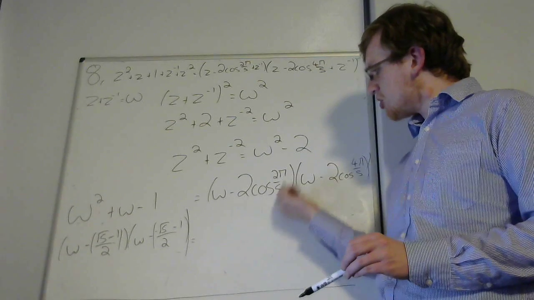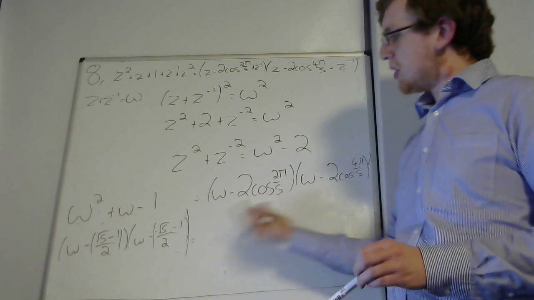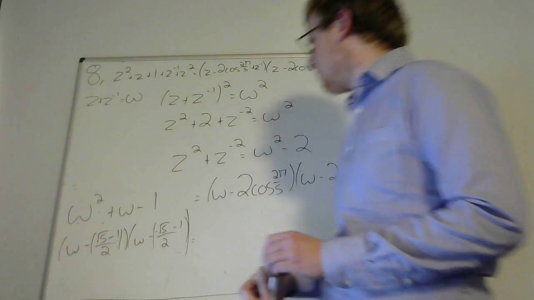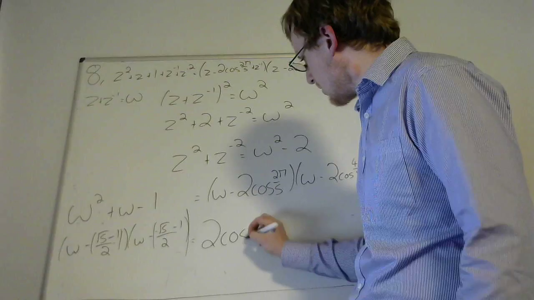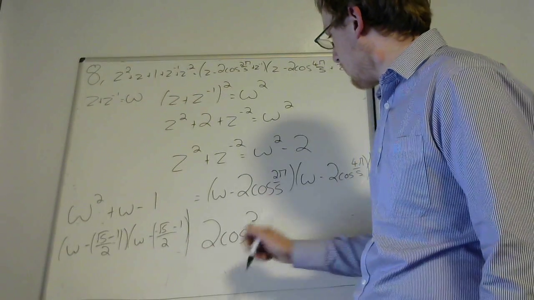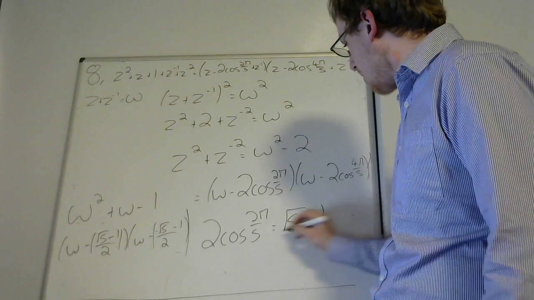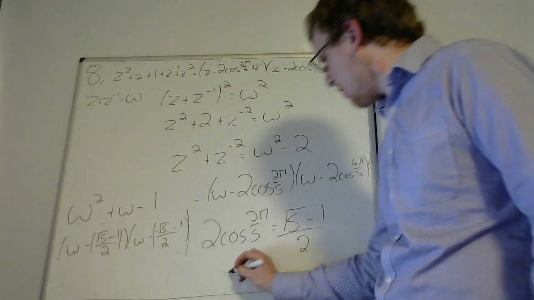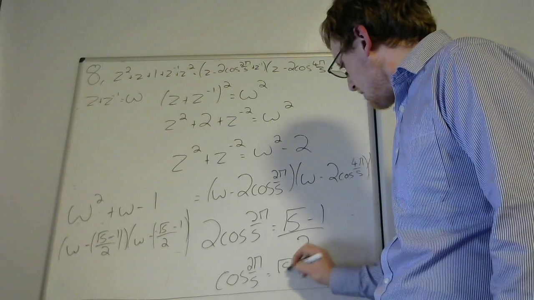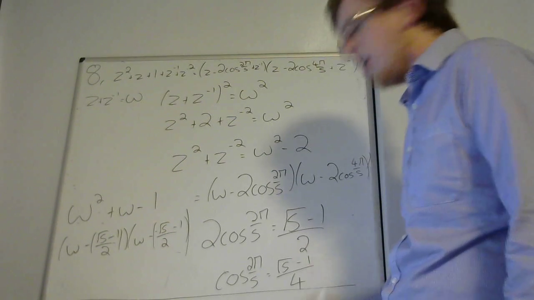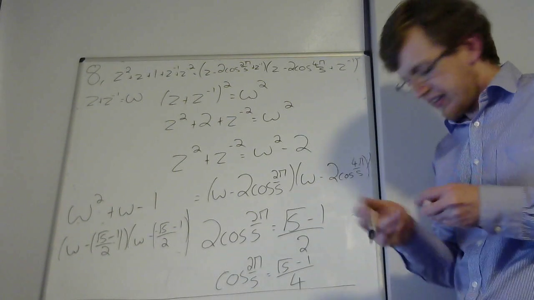So we know that cos 2 pi on 5 is positive. So this must be equal to root 5 minus 1 over 2, because that's a positive one. So 2 cos 2 pi on 5 is equal to root 5 minus 1 over 2. If we divide both sides by 2, cos 2 pi on 5 is root 5 minus 1 over 4. And that's the answer. Great.